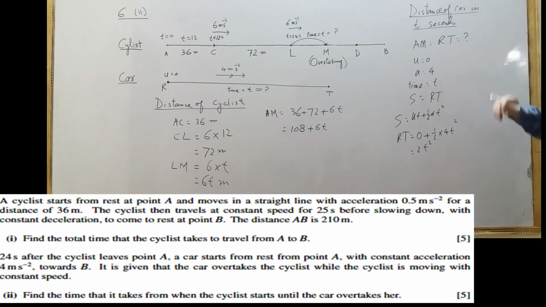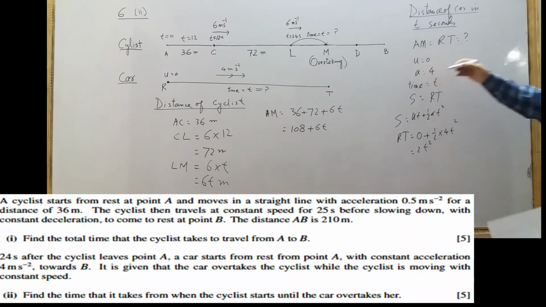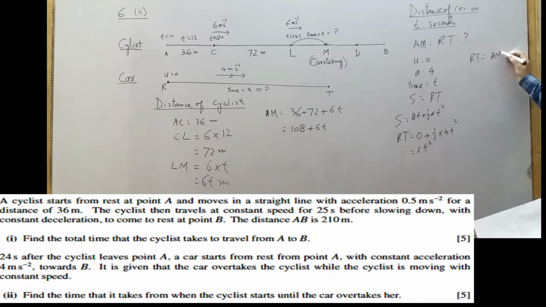Now the distances are equal because at time t the car is overtaking the cyclist. So RT is equal to AM. So 2t square is equal to 108 plus 6t.